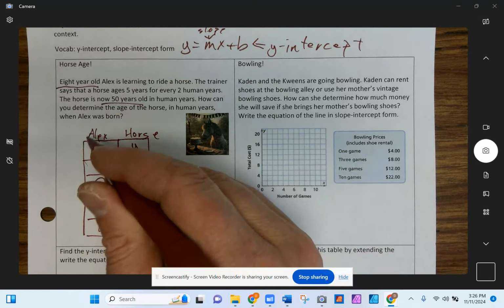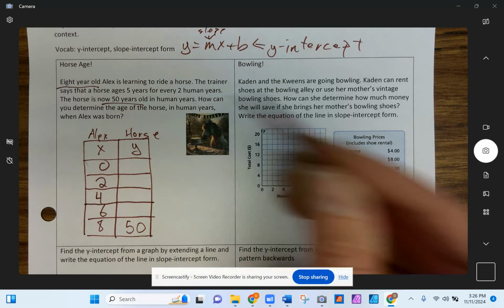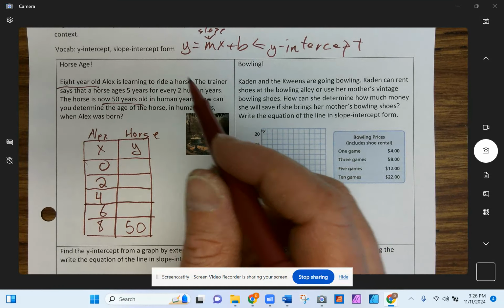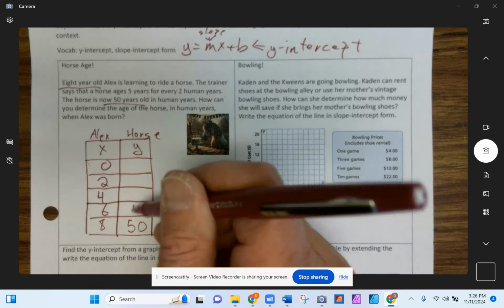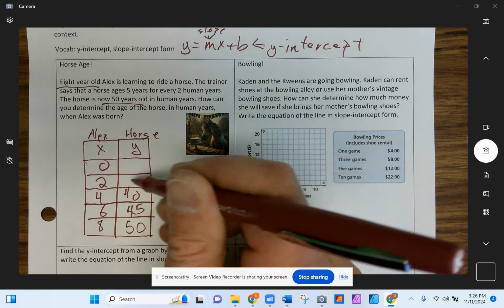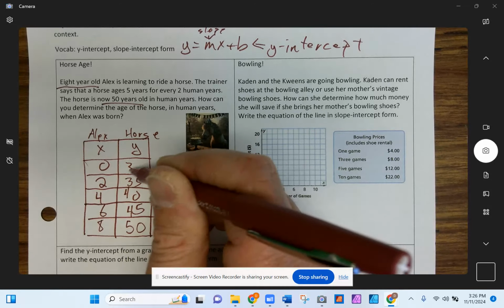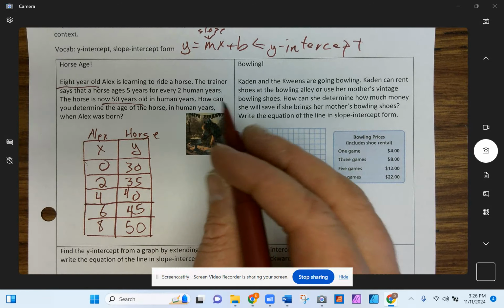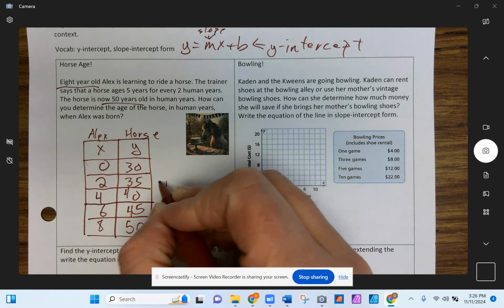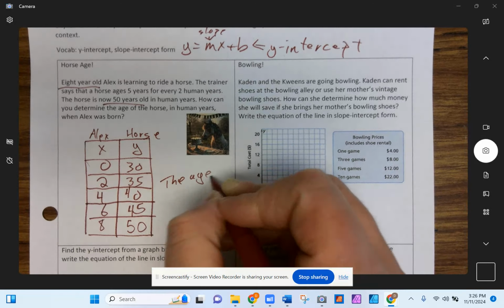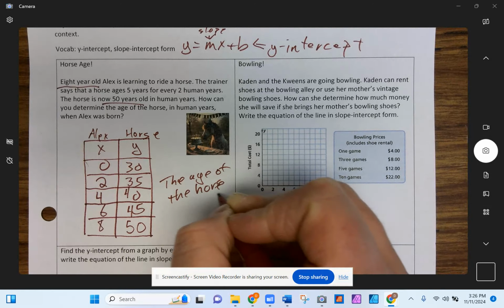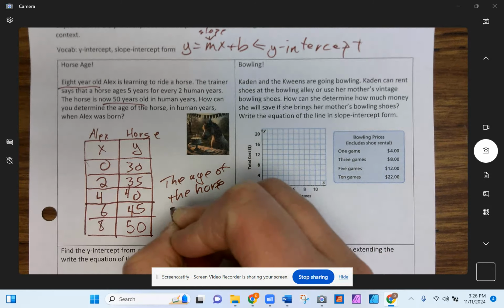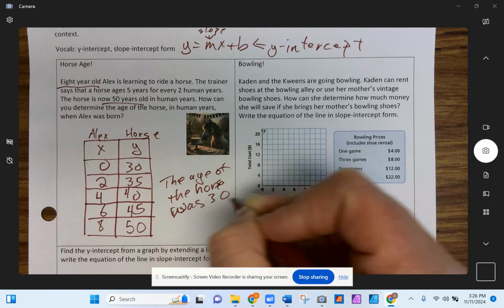This is basically when Alex is born, when the x value is 0. The horse is going 5 years for every 2, so 45, 40, 35, and then 30. So when Alex was born, the horse was 30 years old. The age of the horse. The horse is 30 when Alex is born.